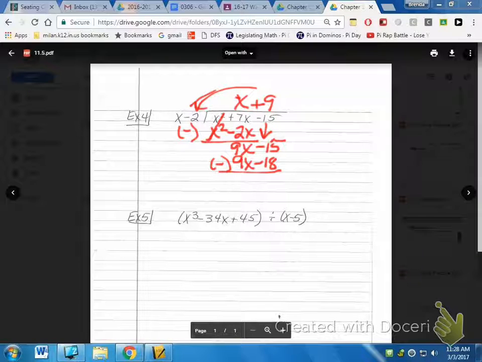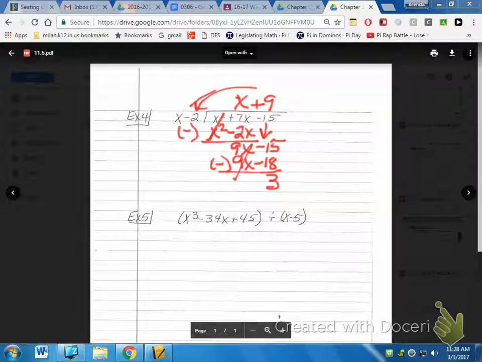Remember, you are subtracting. 9x minus 9x, gone. Negative 15 minus negative 18. That becomes a plus. What is it, Olivia? 3.